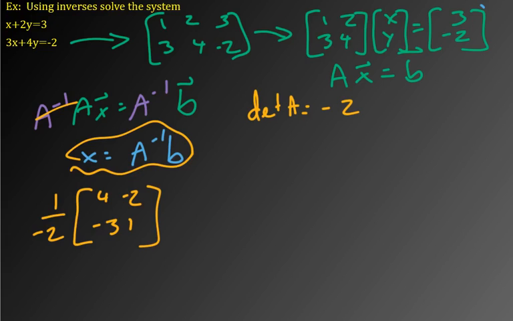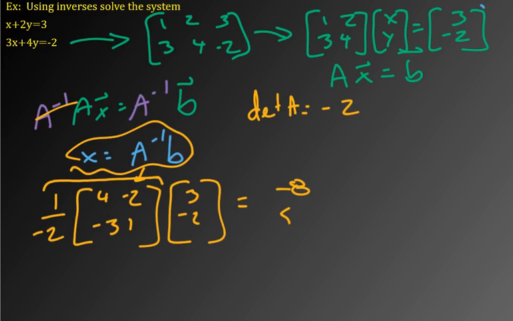And then we're going to multiply it by b, which is 3, -2. This is my A inverse, all of that part. If you just crank that out, you're going to get 8 and 5.5. And so this is truly the x and the y that solves this system.